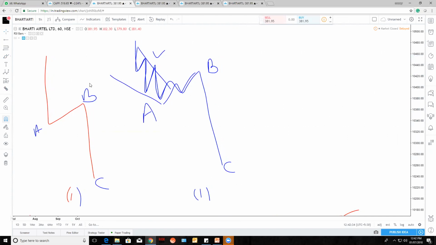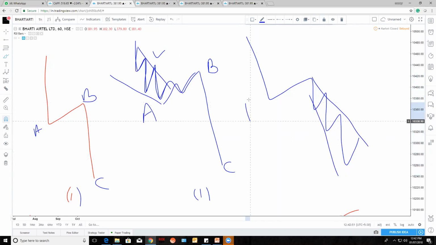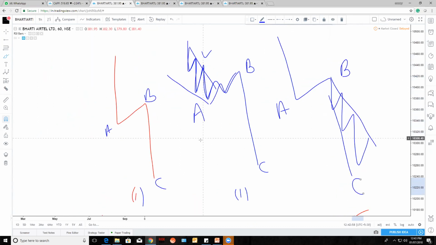And thirdly, let's say wave A is an impulse and wave C is an ending diagonal. Let's say this is A, this is B, and this is C. This is one more possibility. This is a third possible thing in the zigzag pattern.